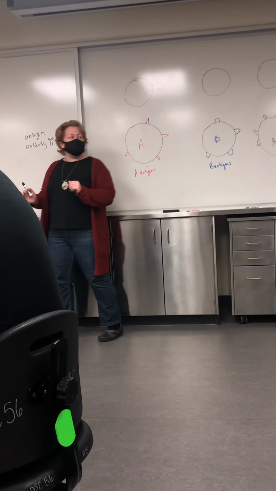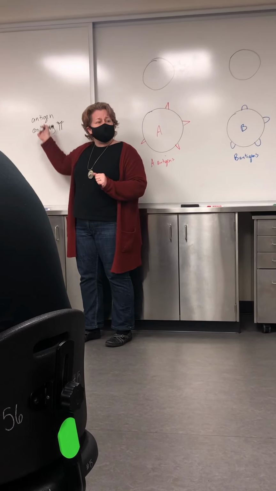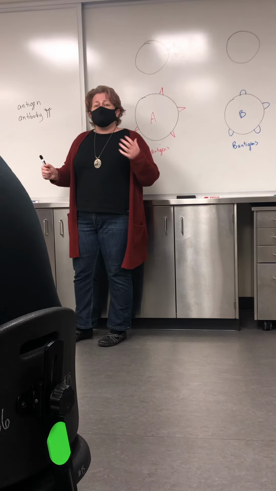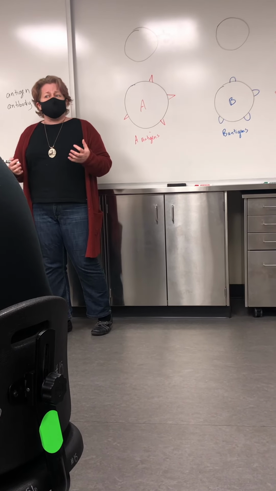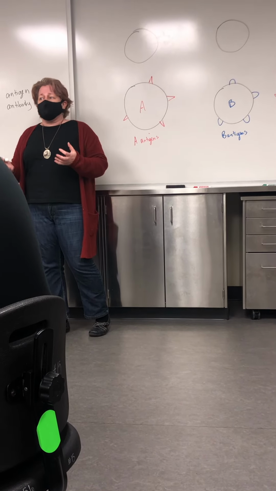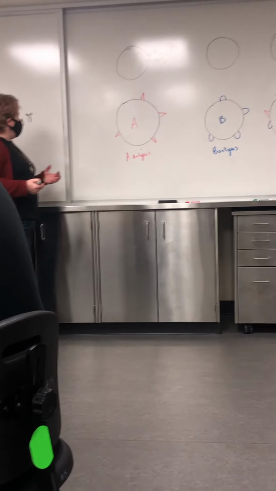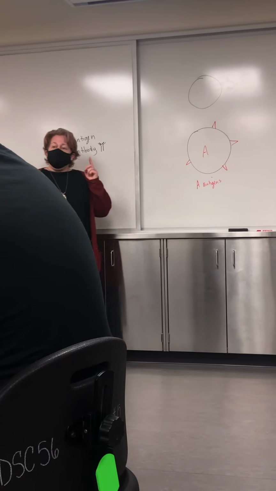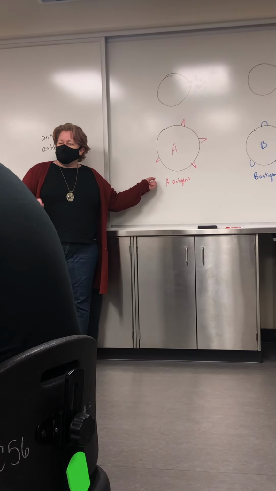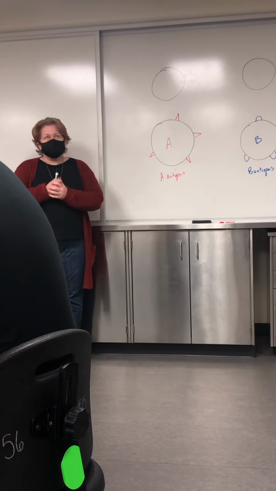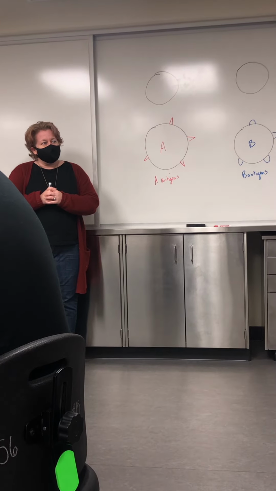If you're okay so far with the lesson about antigens and antibodies, we now have to move on and start to make some connections that are not as easy at first as you'd think that they would be. So what will happen is you are able to develop antibodies against things that you don't have. Right?